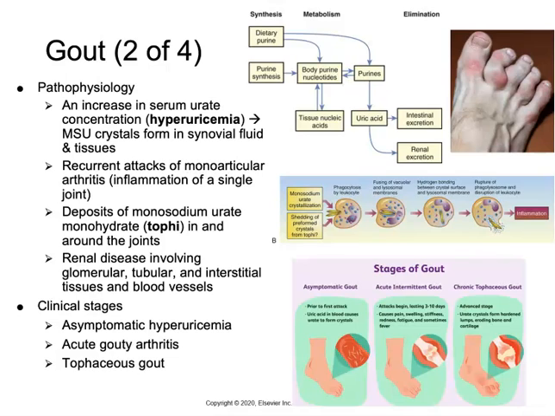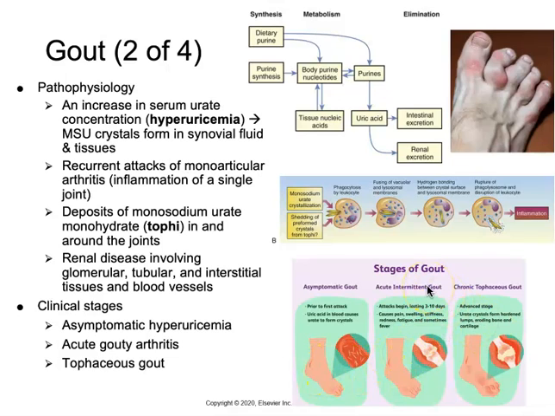So we can place gout in these clinical stages. First, we have our asymptomatic gout, or asymptomatic hyperuricemia. And this is when our serum urate level is elevated, but the arthritic symptoms and tophi and renal stones are not present. So this can persist throughout life at this stage.